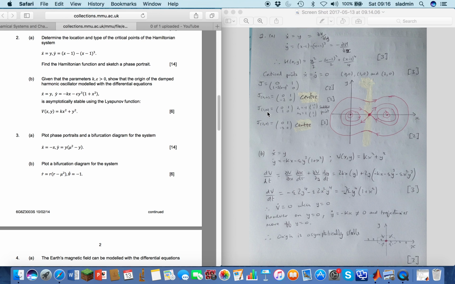For x is 1, y is 0, here is the Jacobian matrix, and we get the eigenvalues are minus 1 and 1, with eigenvectors (minus 1, 1) and (1, 1). So these give you these manifolds here, and you can see that when lambda 2 is 1, we get the eigenvector (1, 1). So this is the unstable manifold, because the eigenvalue was plus 1, which is positive.